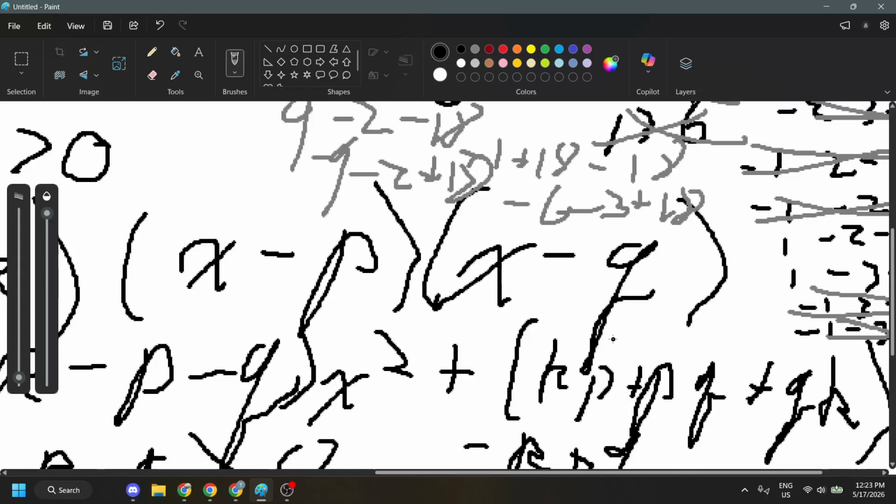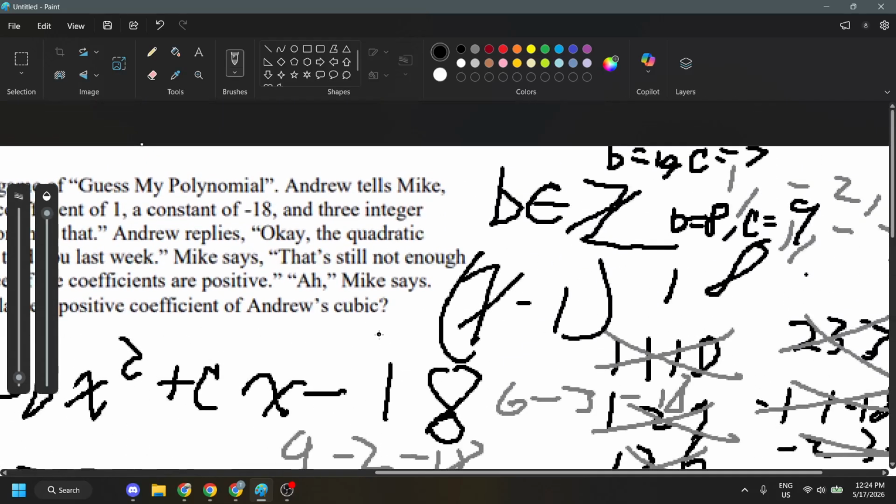How should we go about this? So in order to do this, we need to find all numbers that multiply to negative 18, that add to 10 or 8, and then find C for each of them. Find the quadratic coefficient. Okay.